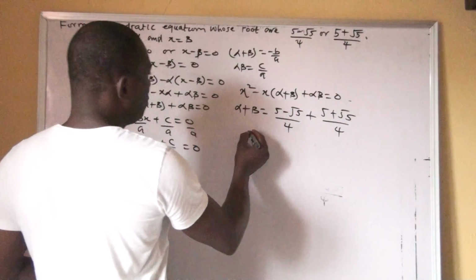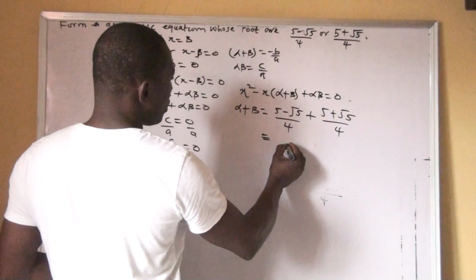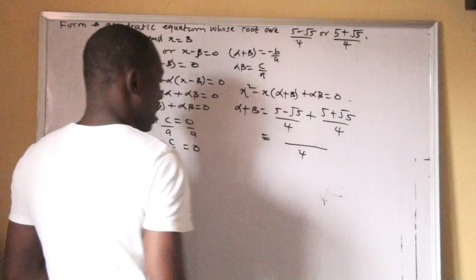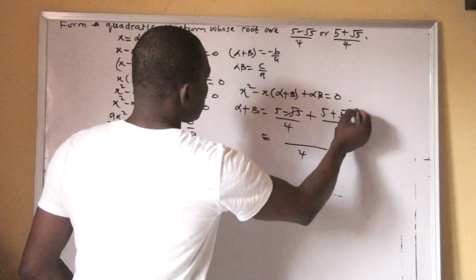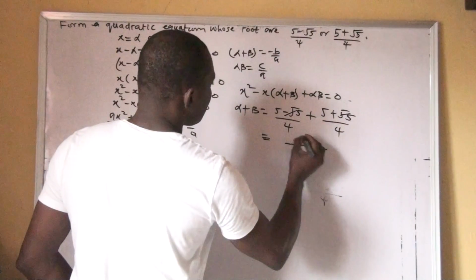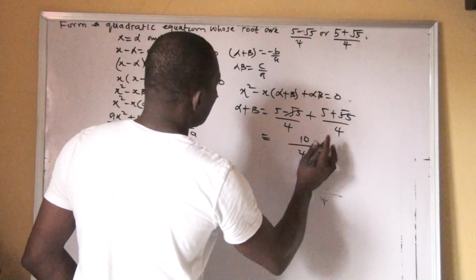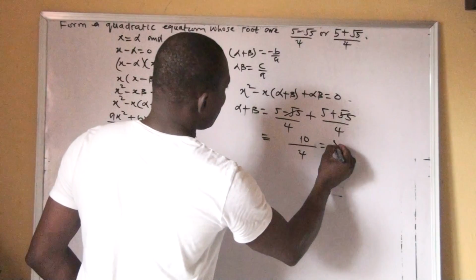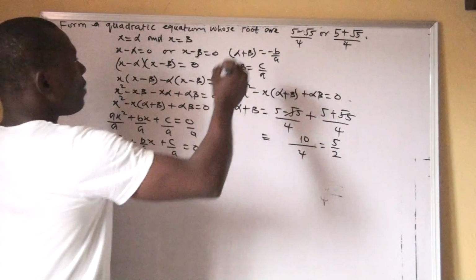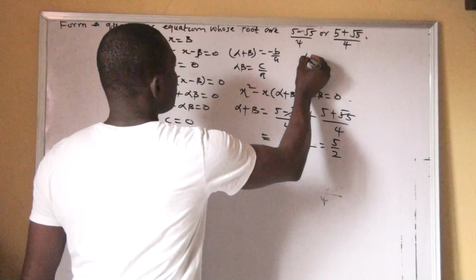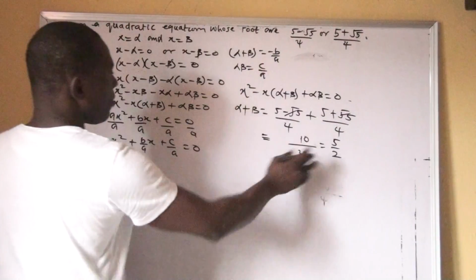There's a common denominator here, the LCM is 4. If we do this, the root 5 terms cancel, and here we have a 10. So alpha plus beta will give us 5 over 2.